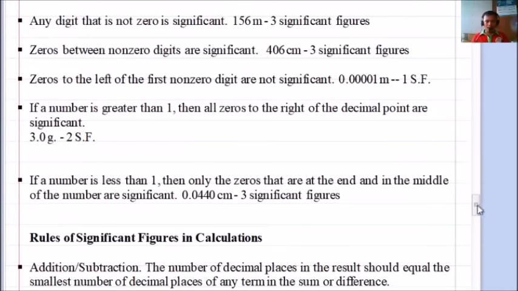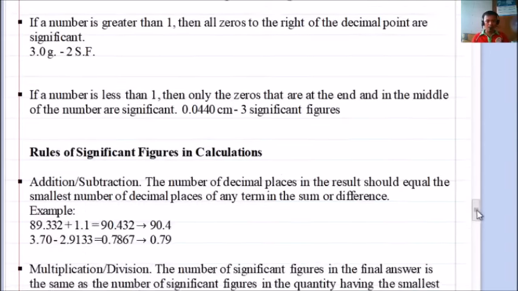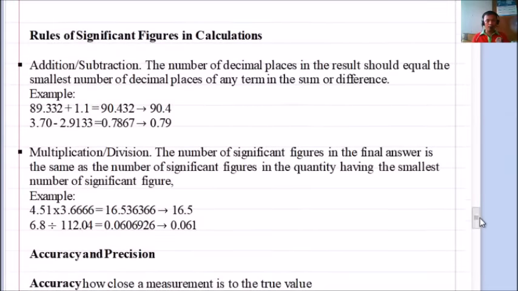And then, when it comes to the calculations involving the significant figures, pag addition and subtraction, syempre, i-align natin, especially yung may mga decimal numbers. Kagaya nito, example natin, 89.332 plus 1.1.